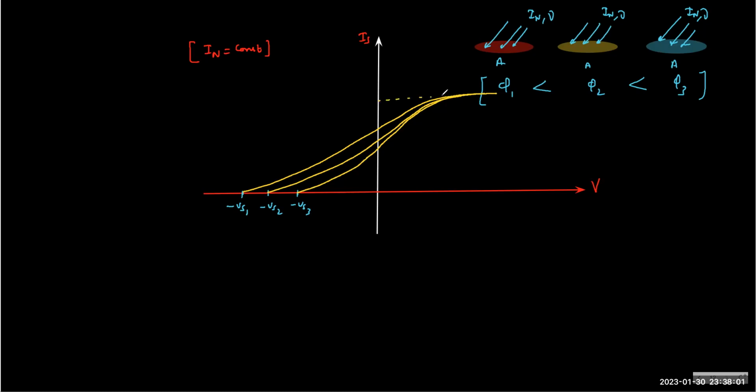Because eventually they will have the same current. But because of the different kinetic energy, they will have different stopping potential. And more the kinetic energy, more the stopping potential, right? Yes, sir.